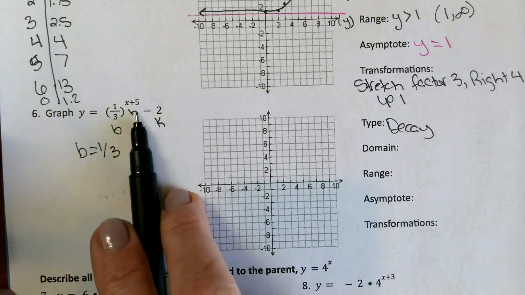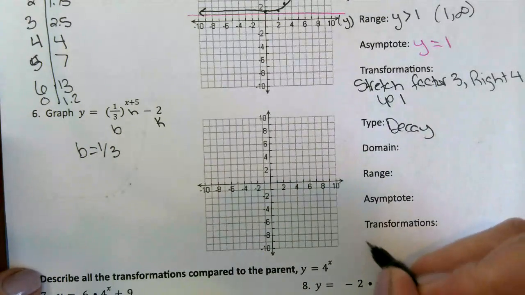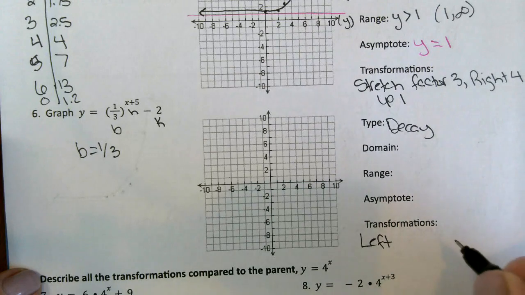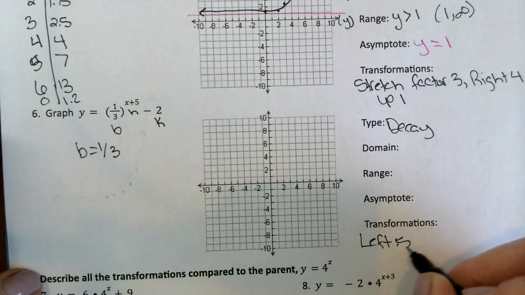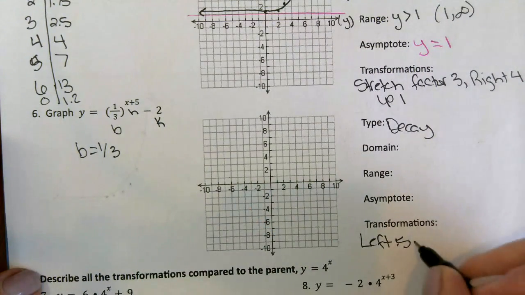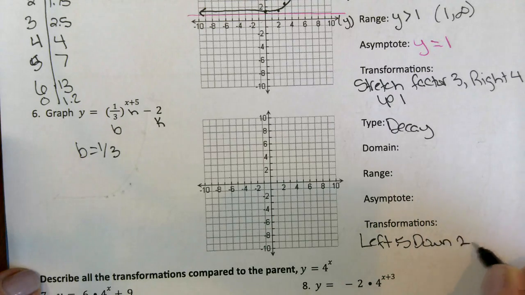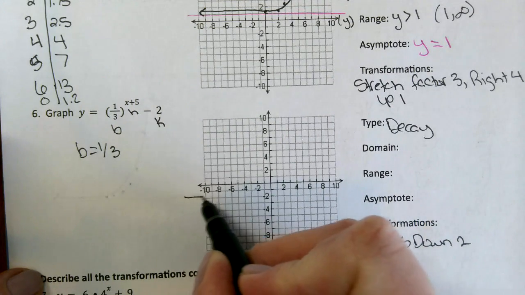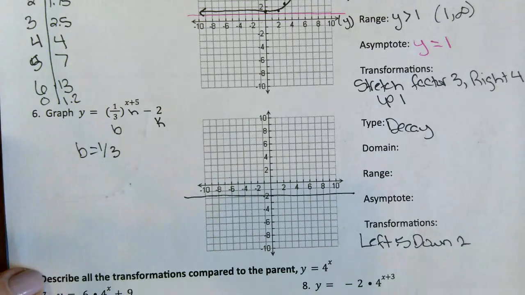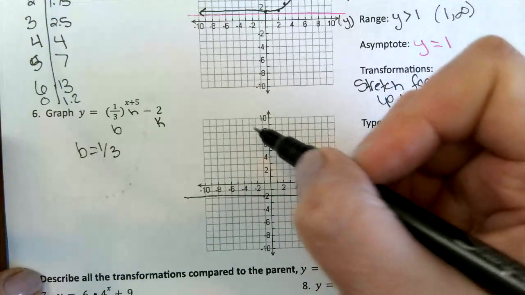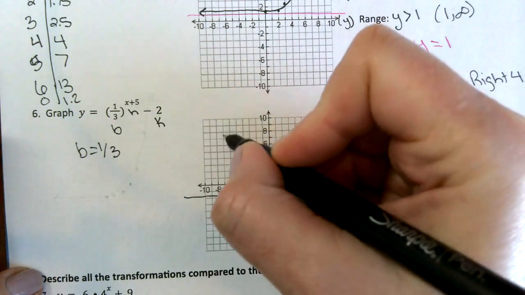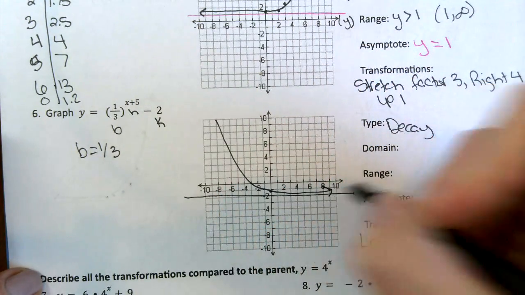And so that plus 5 means it is going to go to the left 5, and that minus 2 means that it's going to go down 2 units. So you should have an asymptote right there where it approaches it, but it will never cross. And let's see, it should end up looking something like that.